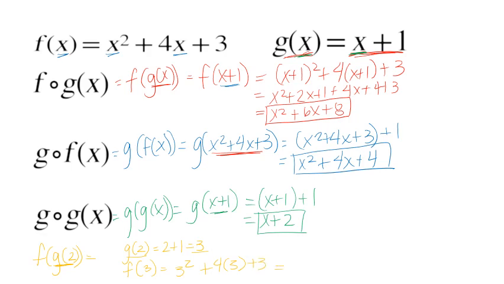So this would become 9 plus 12 plus 3, which would be 24. Okay, so if you're asked to evaluate this with numbers, you're going to want to still work from the inside out. So do g of 2 first, and then once you get the output from g of 2, that becomes the input for f.